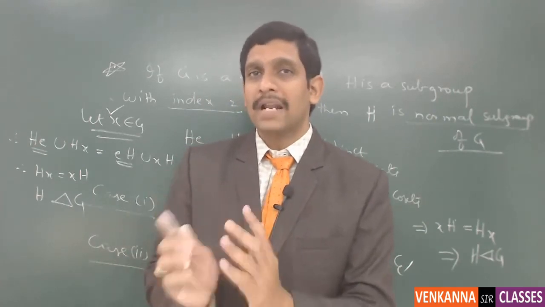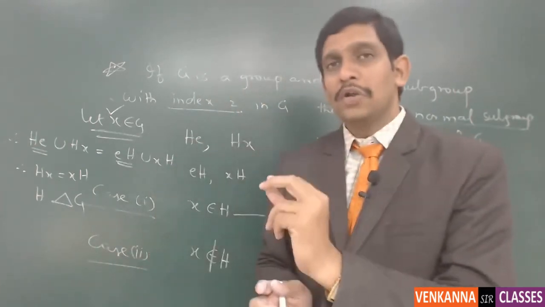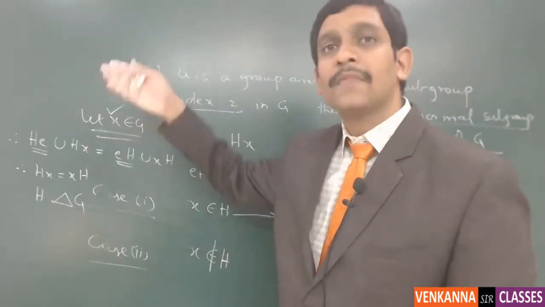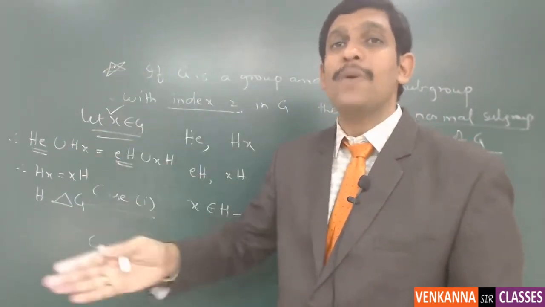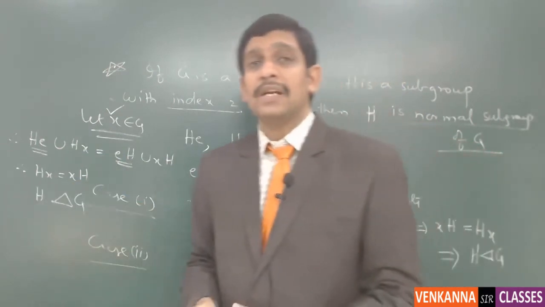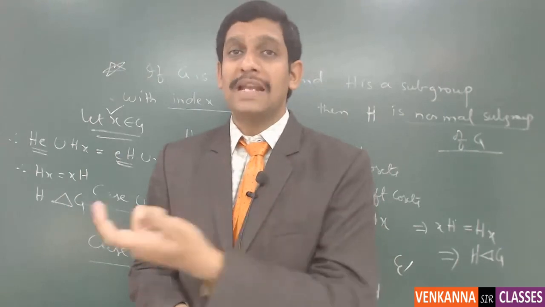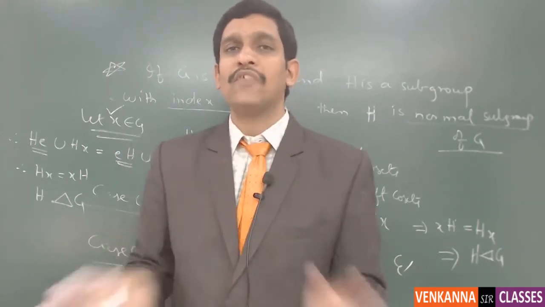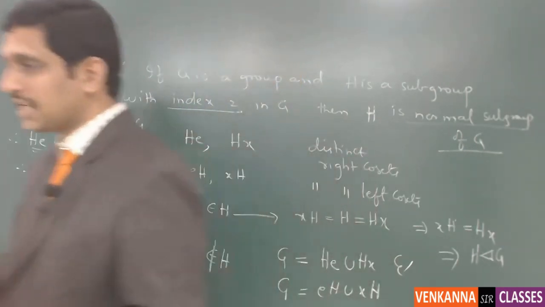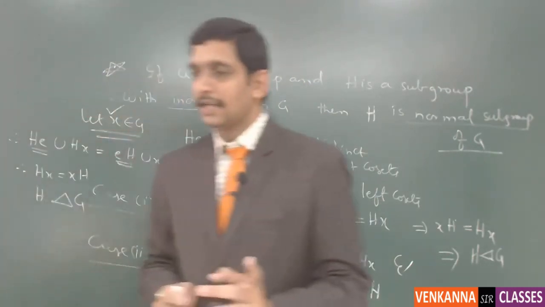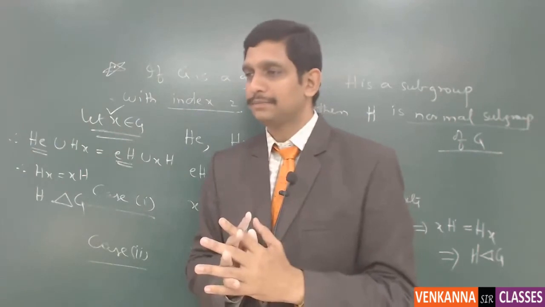But the practical problem is, if you want to give a justification for a statement, you should have a strategy. That strategy must be approved by everyone. If at least one counterexample is there to show that your strategy is wrong, the whole effort will be a waste. Please understand that. That is the problem with abstract algebra.